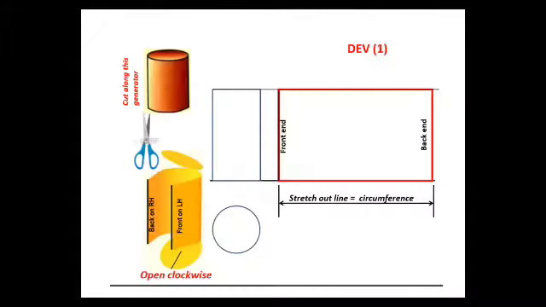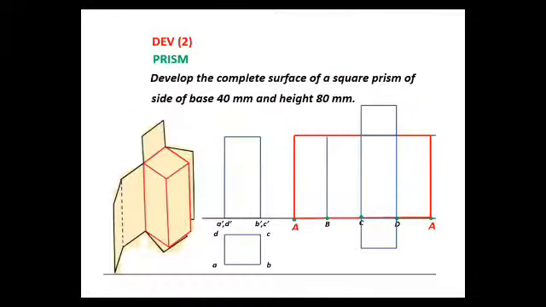See, in case of this cylinder, we cut the cylinder from one side and open it in clockwise direction, then we will get the rectangle. So this is nothing but the development of cylinder.